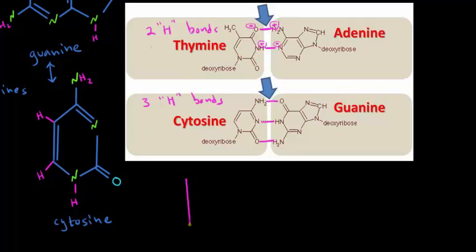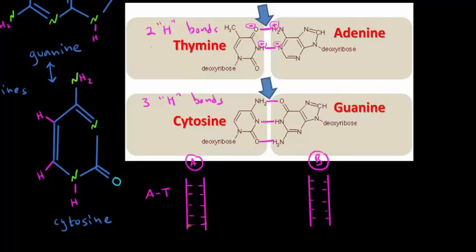So let's say we have two pairs of DNA, and we're going to soon see DNA is a double-stranded molecule, where the nitrogen bases pair up with each other, something like this. And I'm going to label this DNA set A, and this one I'll label B. And let's say I tell you that in A, we have a very high number of A's and T's.